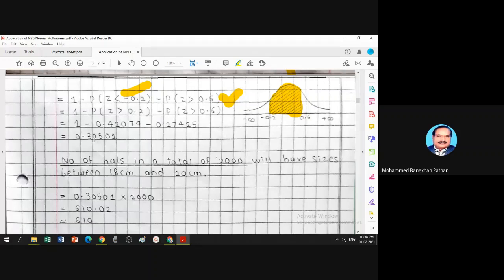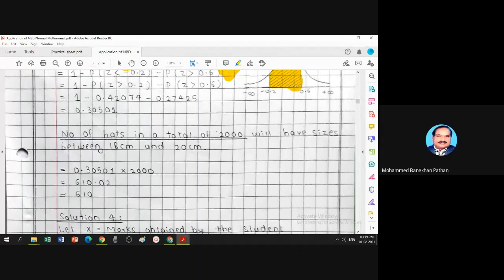This stands for the chance that the size of the hat will be between 18 to 20 centimeter. But the question is not asking to find the probability. The question is asking, if I study 2000 hats, how many hats will have the size between 18 to 20? That is the question. So that will be obtained by writing one more line.